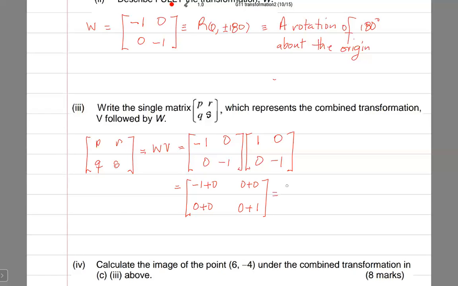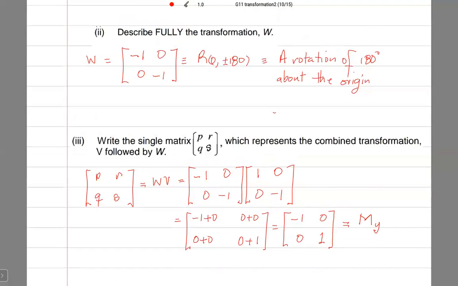So the combined transformation is actually minus 1, 0, 0, plus 1. All right. Now, as I said, through application and study, you would know that this matrix is actually My, which is a reflection in the y-axis.